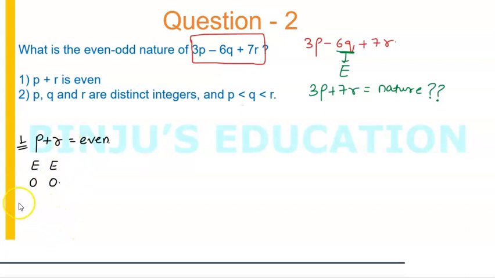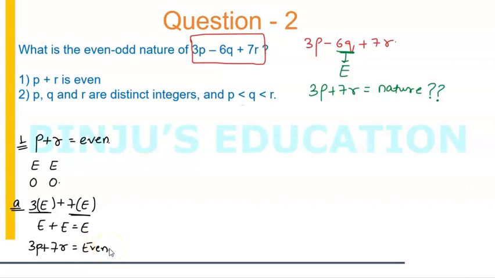Now, if I take case number 1, that is when both of them are even, this will become 3 into even plus 7 into even. Now, 3 into even will be even, 7 into even will be even, and so this will give us even plus even, which is effectively equal to even. So, the nature of 3p plus 7r, my bad, is even.